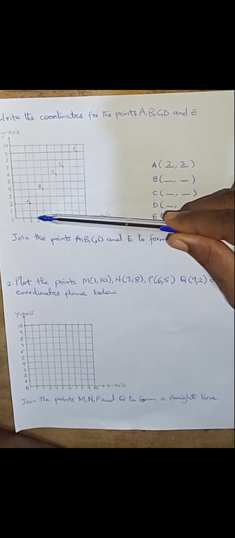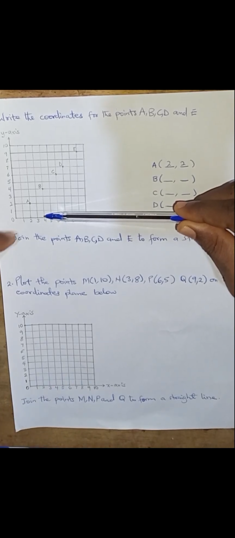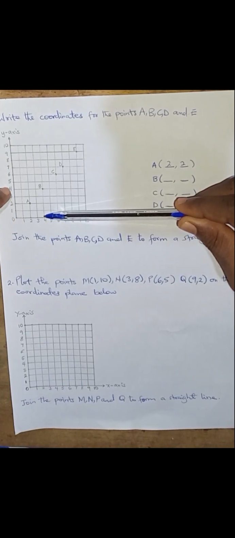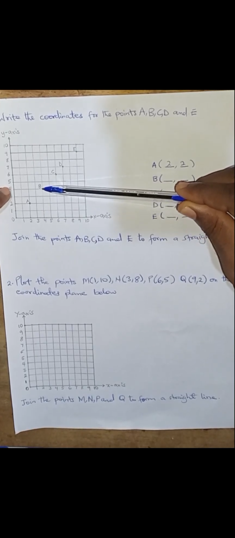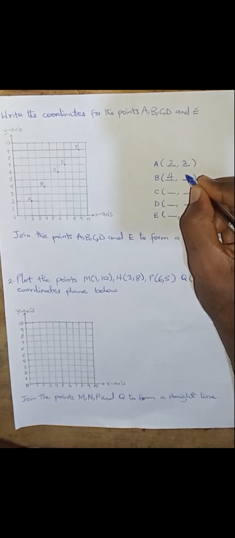When we trace it on the x-axis, we are on 4, and then along the y-axis, we are also on 4. So (4, 4). Their meeting point, that is point B, is (4, 4). So we write that down as well.